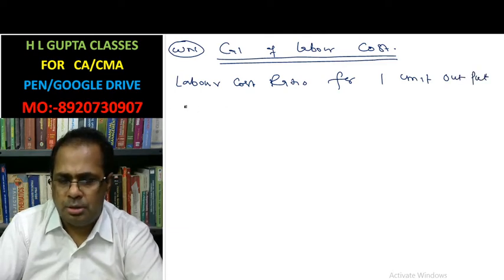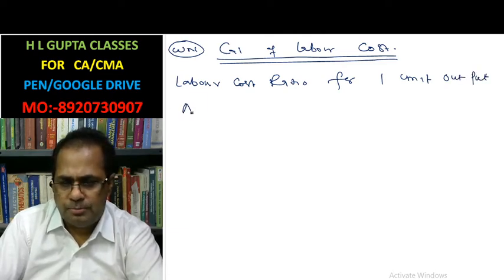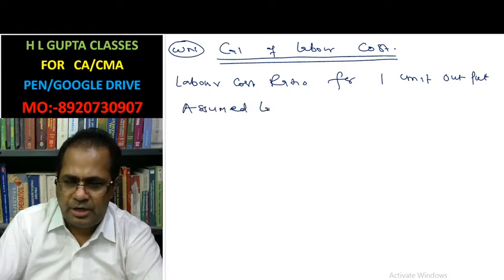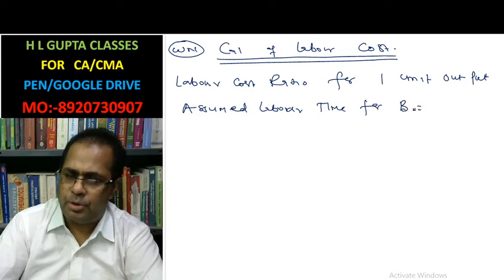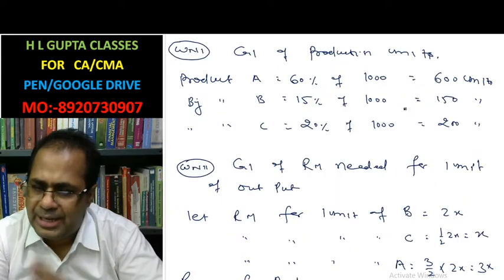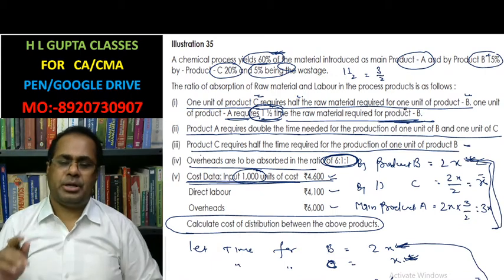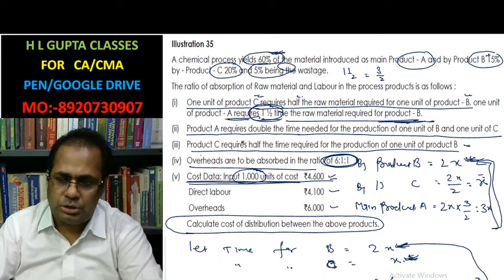Look at it. Assume labor time for the B product. Why am I taking B? Look at it in the second piece of information.